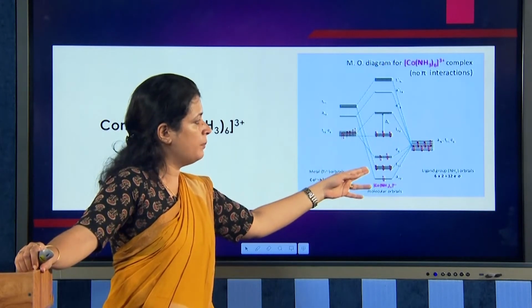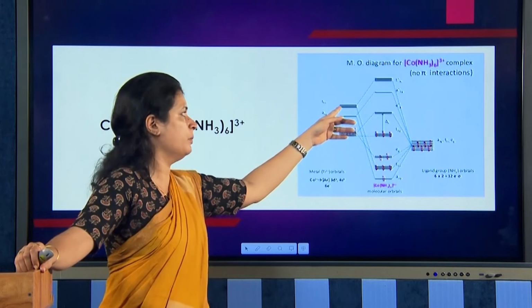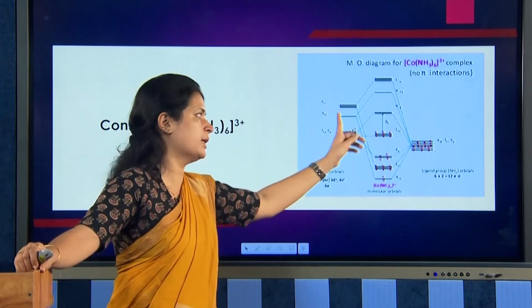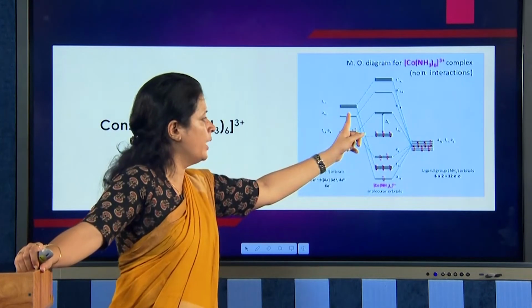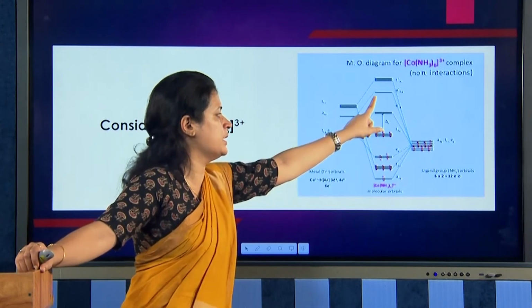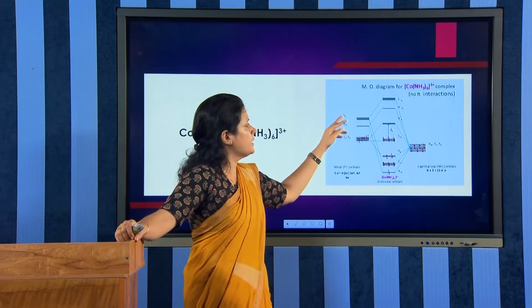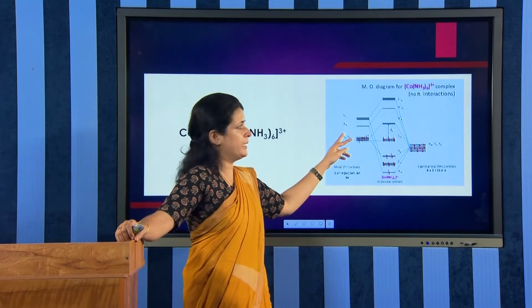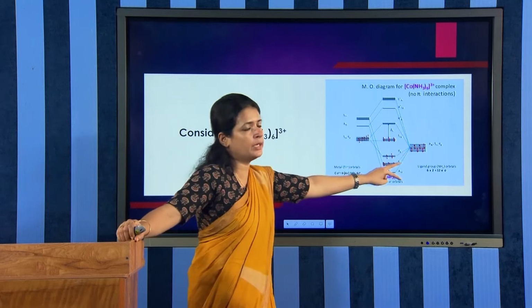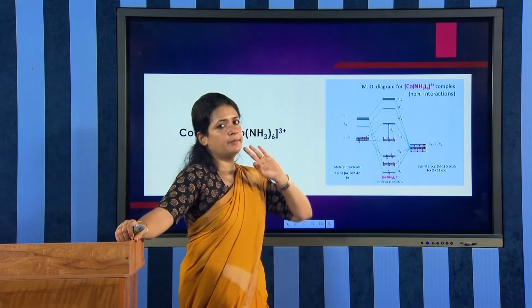A1g has the lowest energy. Now considering the T1u of the metal combining with the T1u of the ligand group orbital, T1u means we have 3 T1u.